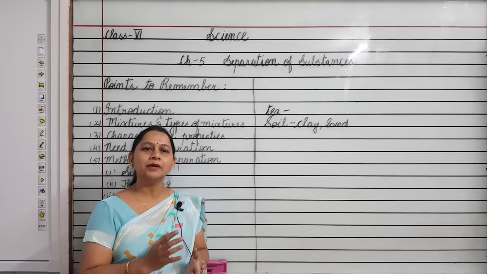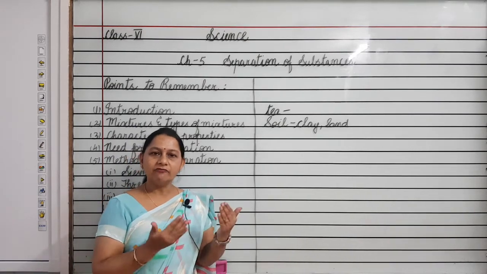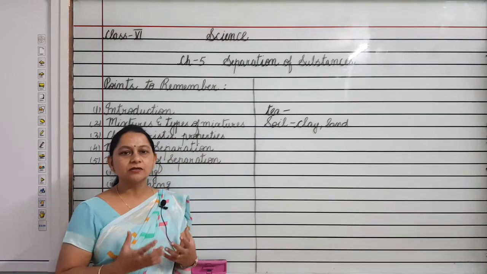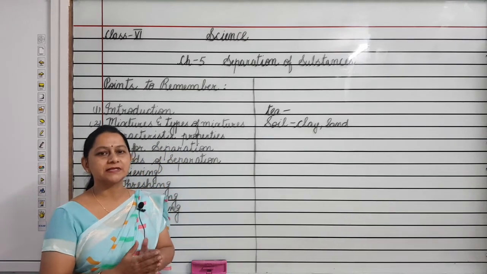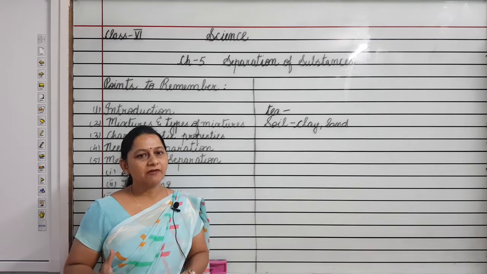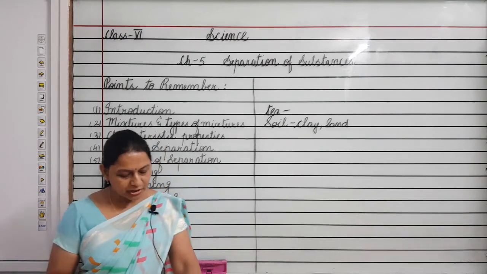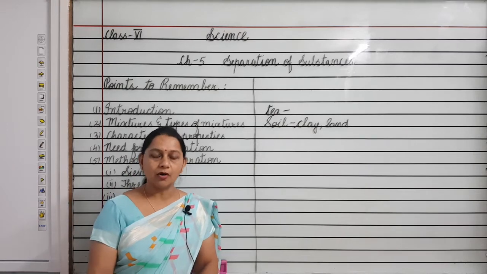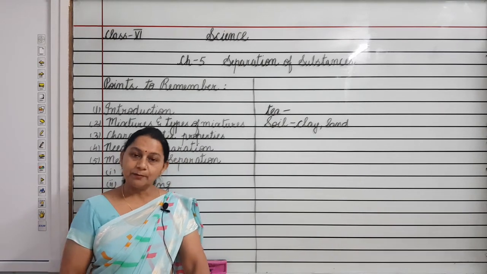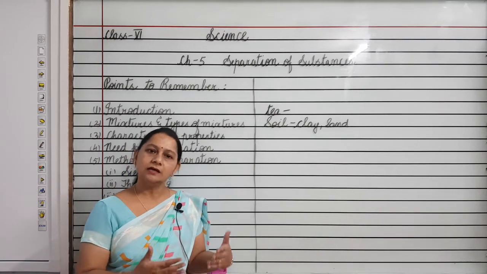So, we call them pure substances. And when 2 or more pure substances combine, they form mixtures. So, what is a mixture? A mixture contains 2 or more different substances mixed together in any proportion.